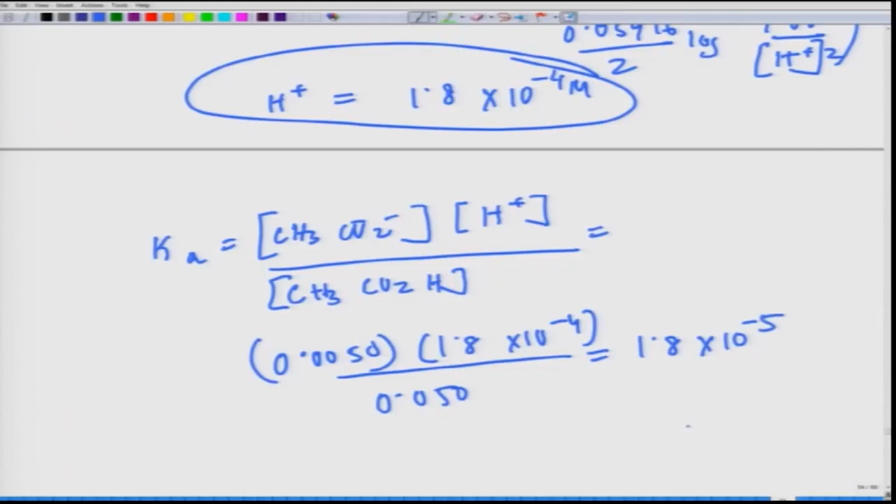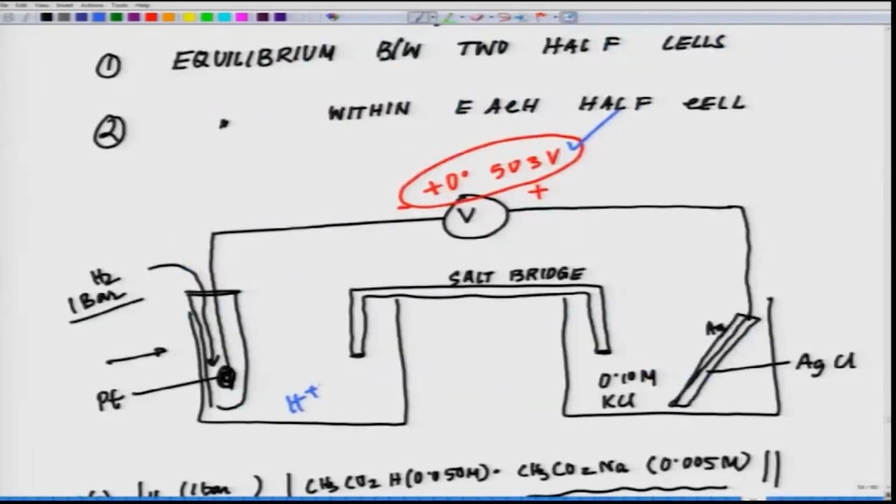So we now have a probe to measure the H plus ion concentration, the proton concentration. Using this type of cell, we could determine the equilibrium constant of acid dissociation and base hydrolysis on the left cell. These kinds of cells come very handy when you have to translate between a chemical reaction and the electrical output, and vice versa.